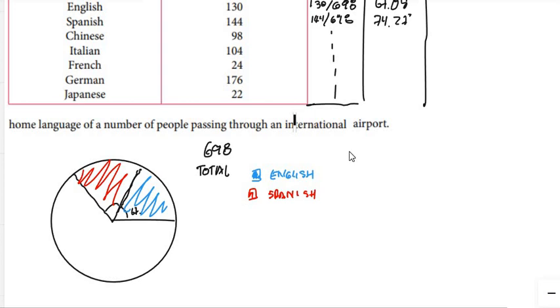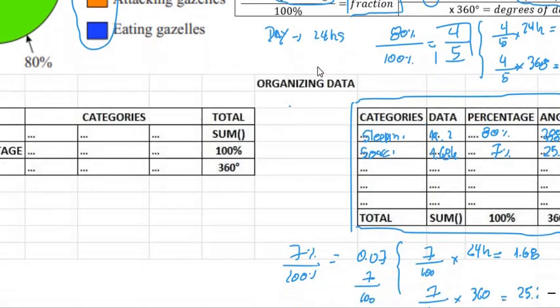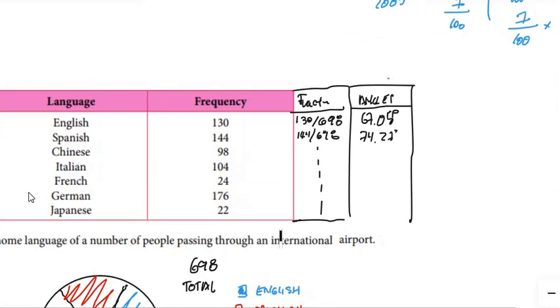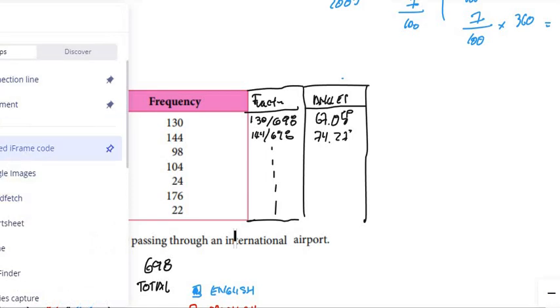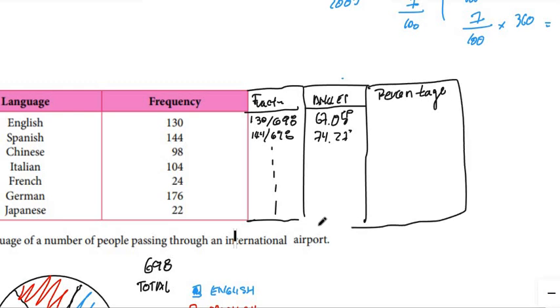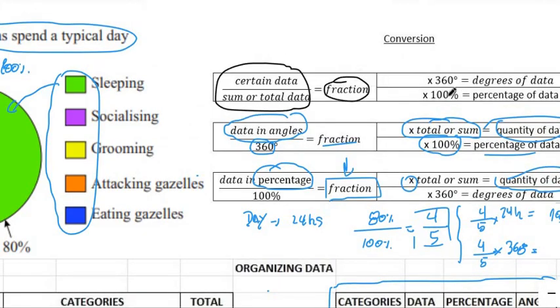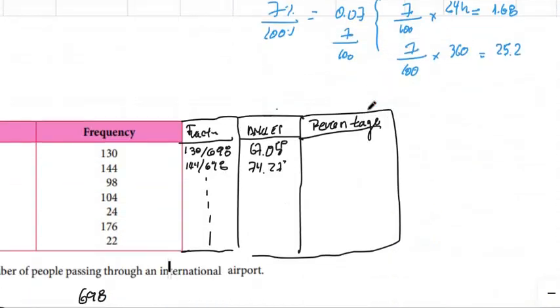If you want to know what percentage of people represent that frequency of English, what do you do? This fraction, 130 over 698, you multiply by 100%, because when you have the fraction and you multiply by 100%, you have the percentage for that data.